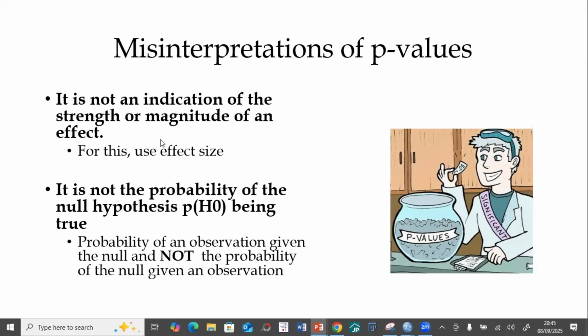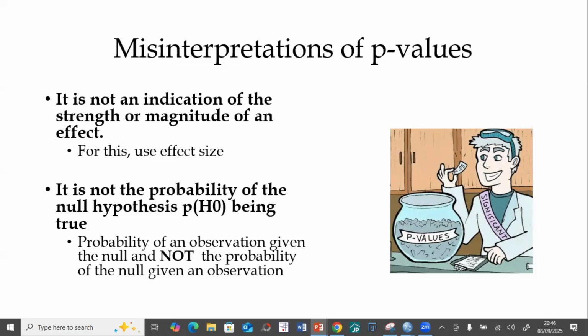That is entirely not true because we've agreed that p-value is a probability of an observation given the null. We are starting from the point where we are assuming there is no effect. It's not the probability of null given an observation. So most people interpret the p-value using the second part of the statement, while in real sense, p-value is just what is the probability of us seeing the effect when there is actually none.